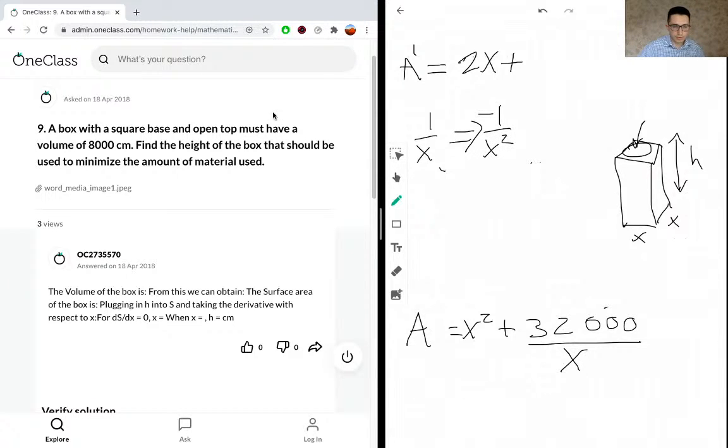So this is just kind of a derivative law that you should know. So knowing this, then you know there's going to be a negative sign, not a positive sign. So we get negative, and then 32,000 over x squared.